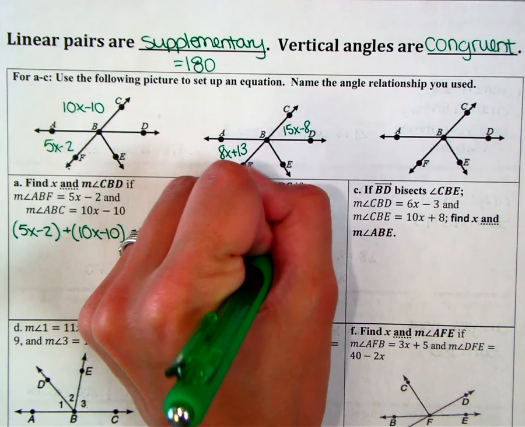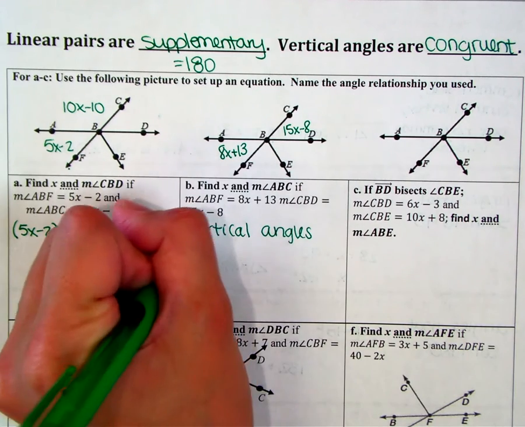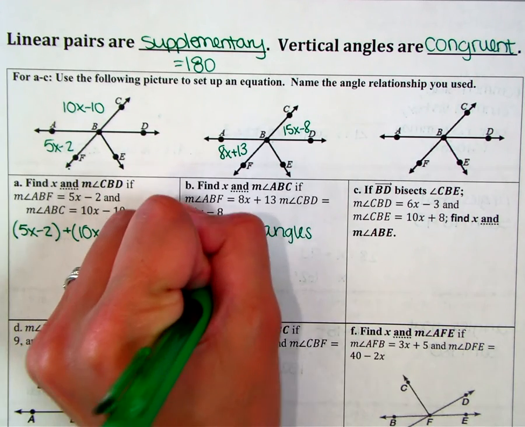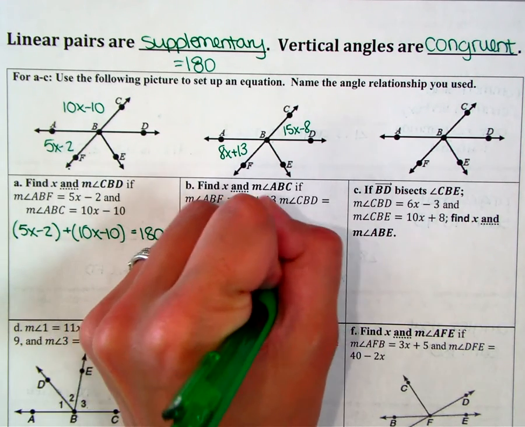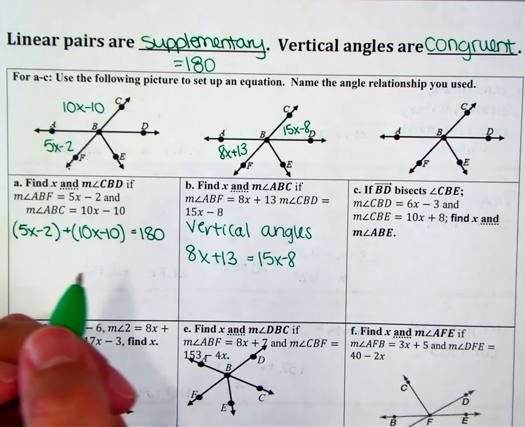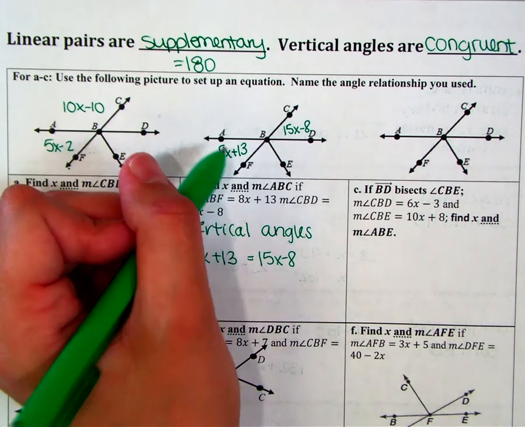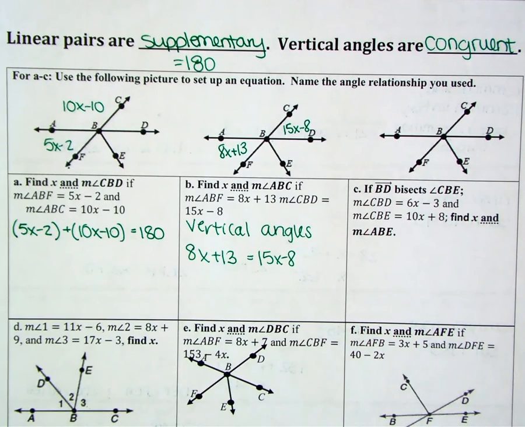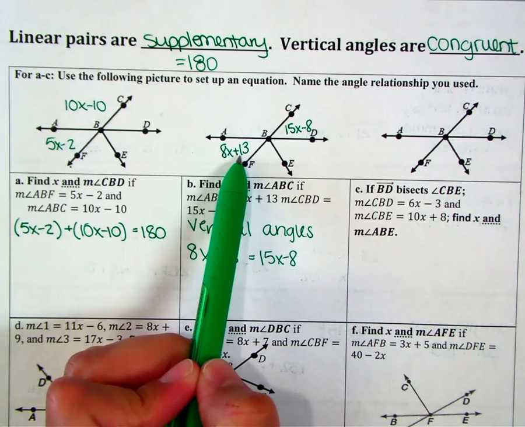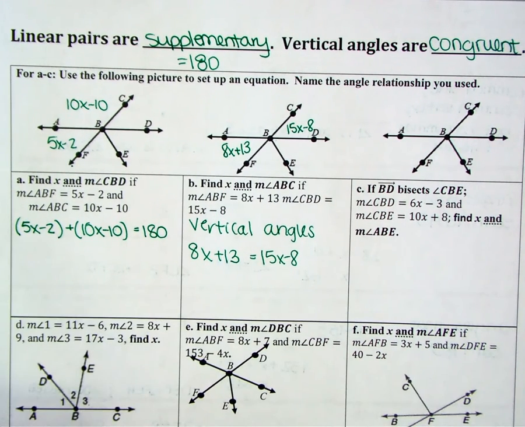Vertical angles are congruent, so we would set both of those equal to each other. Solve for x, and then we would plug it back in for either one of those. To find ABC, we would also have to use a linear pair relationship because they don't have any other connection to angle ABC.